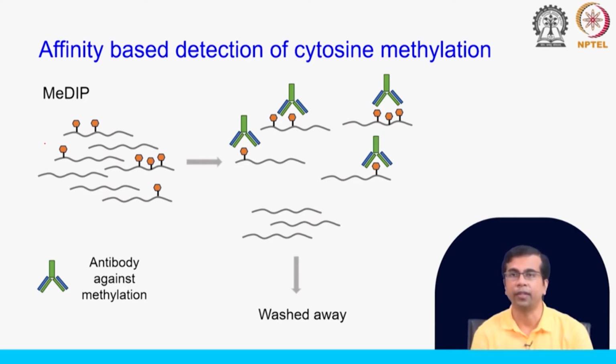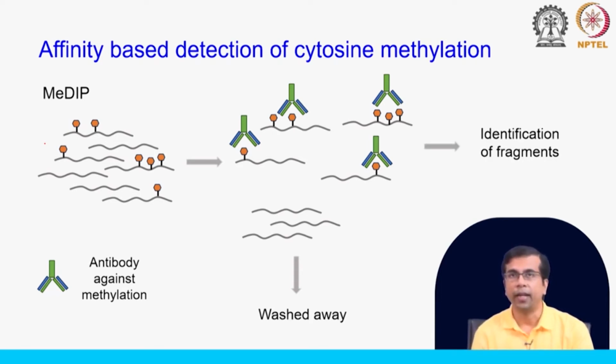So, this antibody has affinity towards this methylation, right. The specific antibody will then separate out DNA fragments that carry methylation, and the rest of the fragments will be washed away, and we will just identify the specific fragments that bound to the antibody.